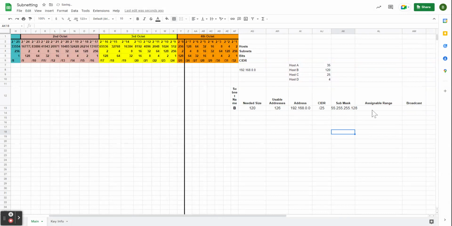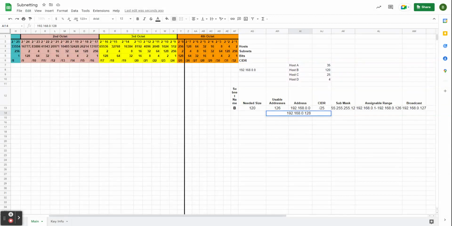The assignable address range is 192.168.0.1 to 192.168.0.126. The broadcast address of 192.168.0.127. And again, where I've got that number from is here. So I'm going up in networks in batches of 128. Okay, so I can fill in my next network address, 192.168.0.128.